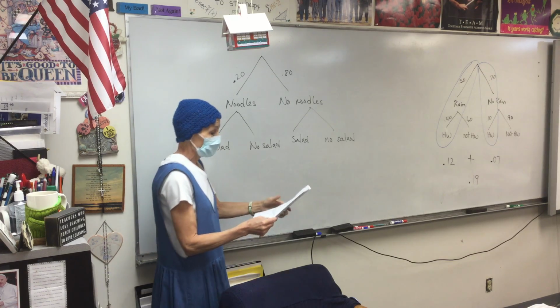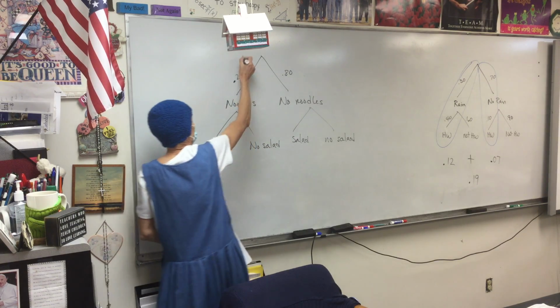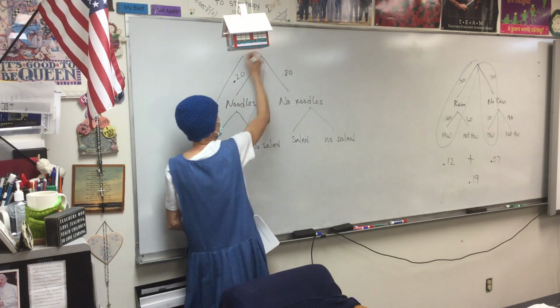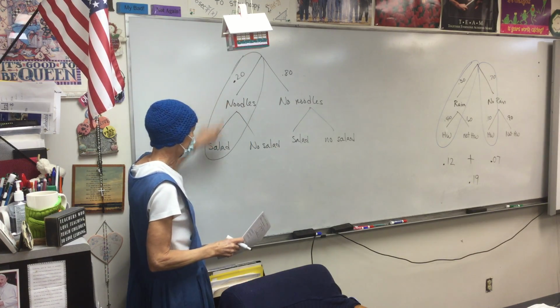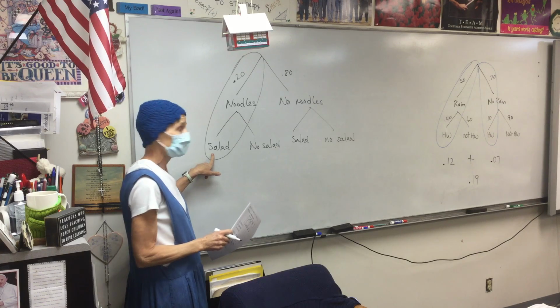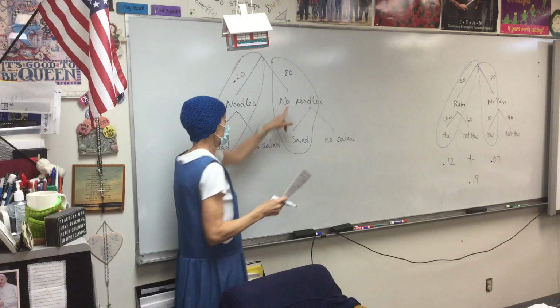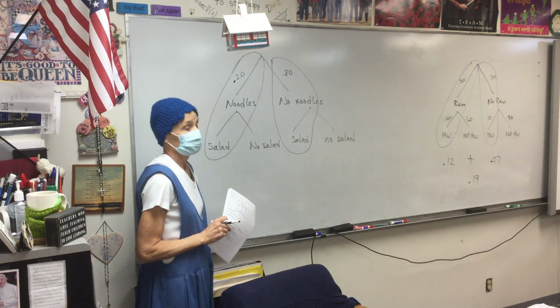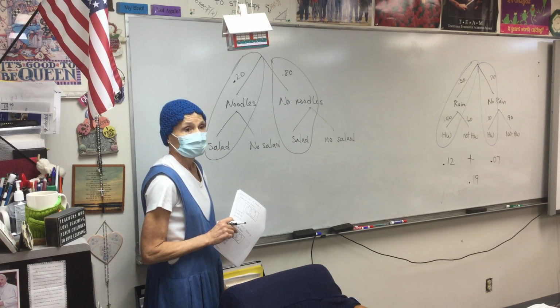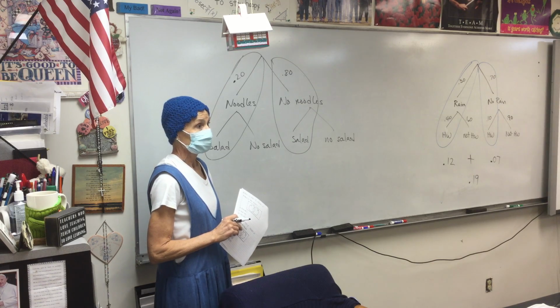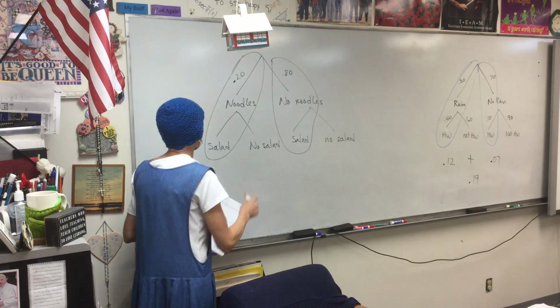Okay? Now, how can we have salad? Well, we can have salad here. In other words, we can have noodles and salad, or we can have no noodles and salad. Right? So here we go.